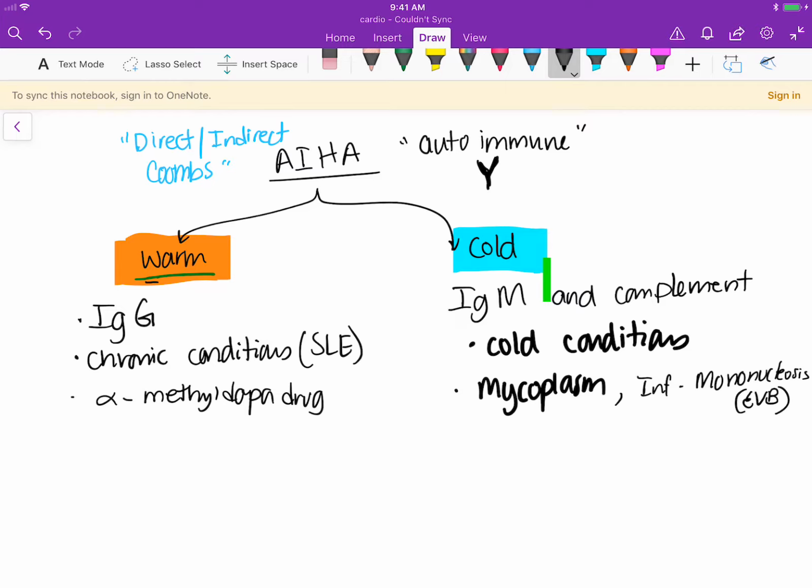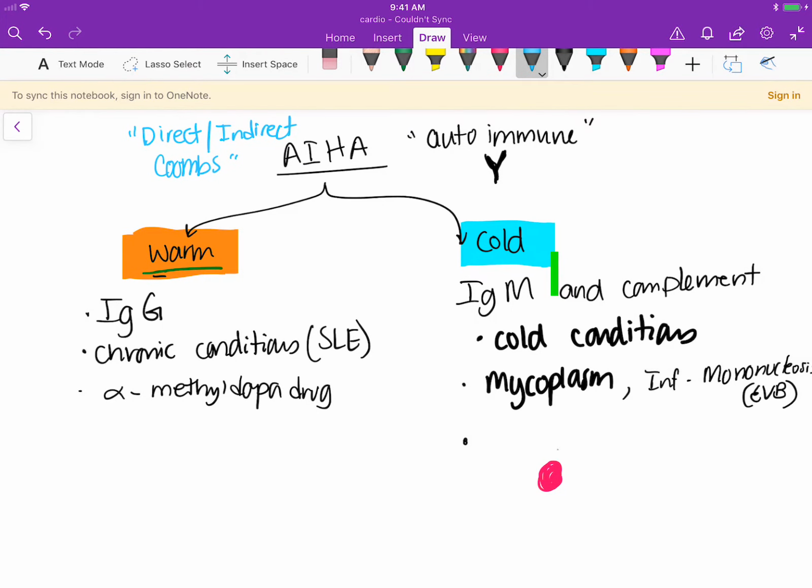And then remember that what actually happens here is that you have a red blood cell. Your IgM, I'm going to put it in cold, is bound to it, and then eventually it triggers the complement cascade, the classical complement cascade. A bunch of proteins and so forth.